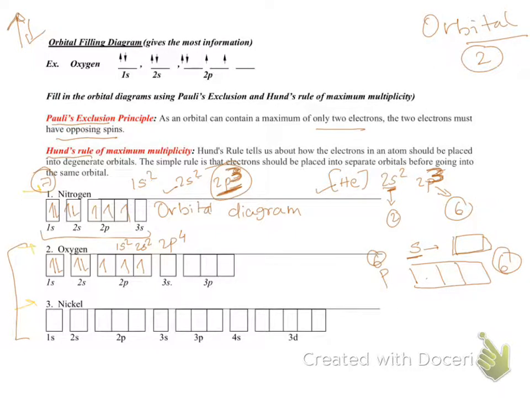So this is oxygen: 1s2, 2s2, 2p4, 1, 2, 3, 4. Then the abbreviated one will be helium, 2s2, 2p4.